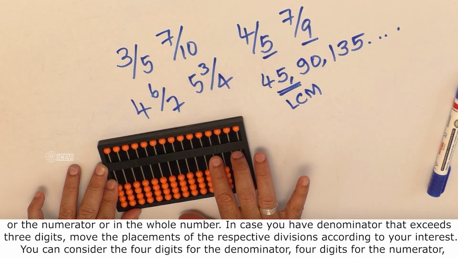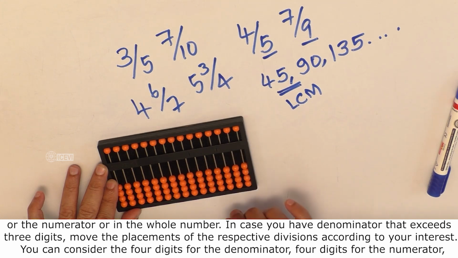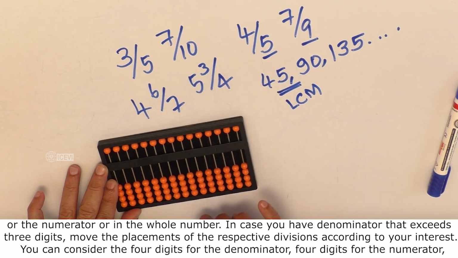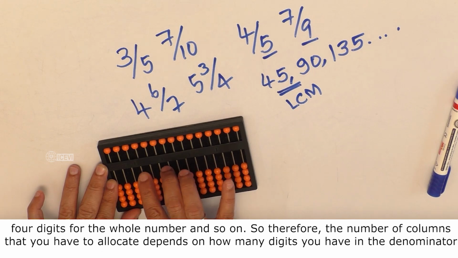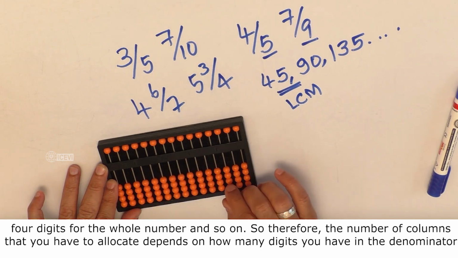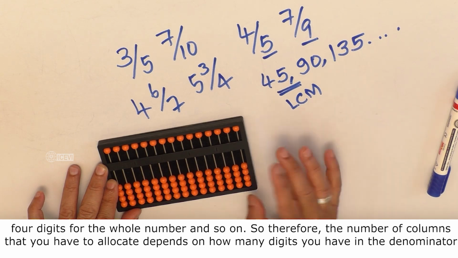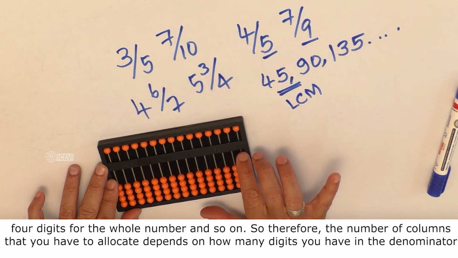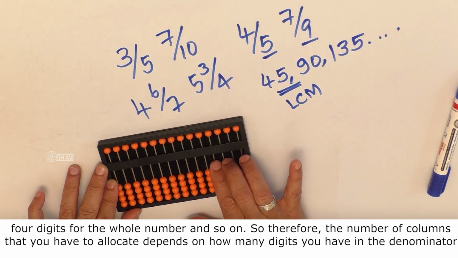You can consider 4 digits for the denominator, 4 digits for the numerator and 4 digits for the whole number and so on. So therefore, the number of columns that you have to allocate depends on how many digits you have in the denominator.